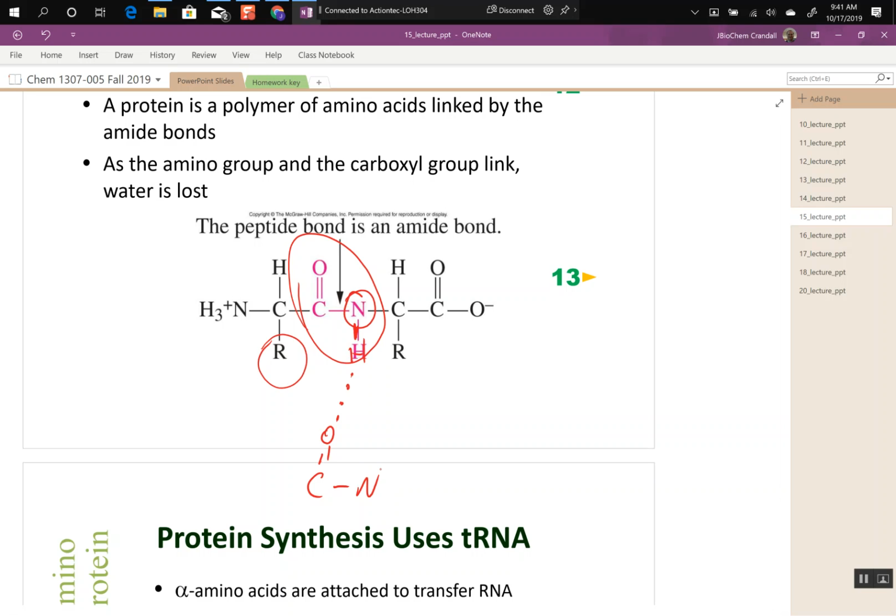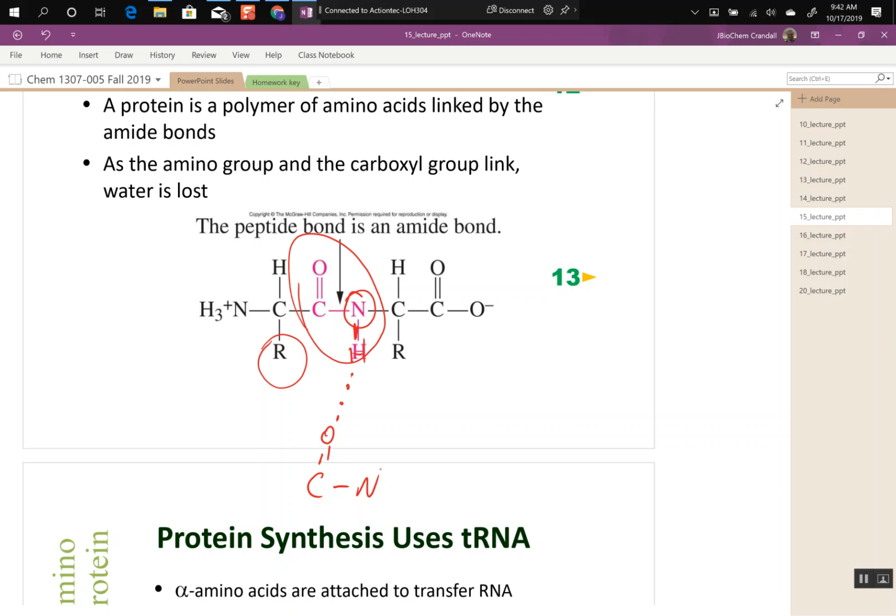Or this one's interacting with an amine right above it. And that's holding the structure of this together. So it's corkscrewing up, and you have all these hydrogen bonds that are holding it in that shape all the way up. So this amide formation is important for those secondary structures of the protein that we're going to discover.